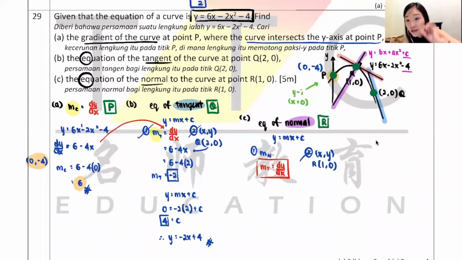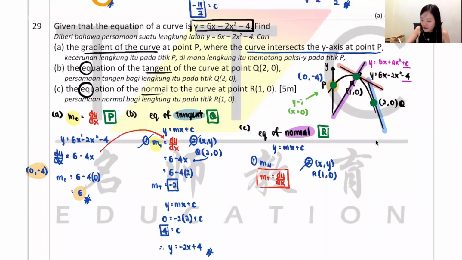So when they talk about different points, then the gradient is not the same. You cannot take the B one and just change it yourself. Just now the one we did, because it's the same, that's why we could use it straight away. But this one is different. You cannot use it straight away. So my dear, this one you need to purposely find yourself.